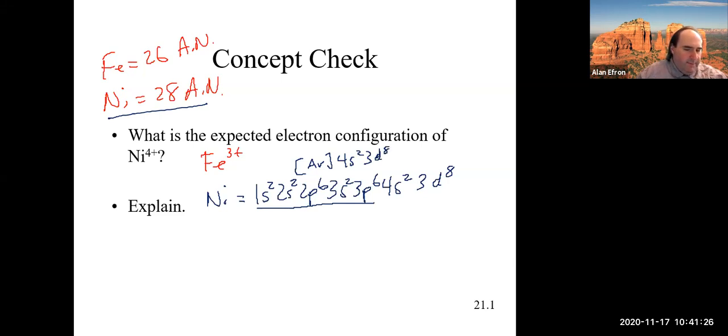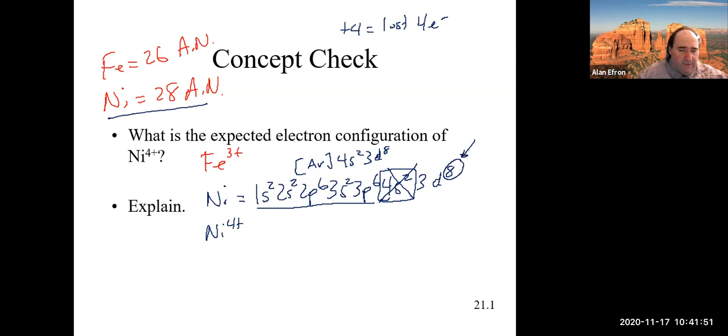All right, at this point, we have nickel with a +4 charge. +4 means that it lost 4 electrons. So to lose our 4 electrons, again, we're going to take out 2 electrons from the 4s first. And that only gets us to a +2 charge. That means the other 2 electrons need to come out of the 3d.